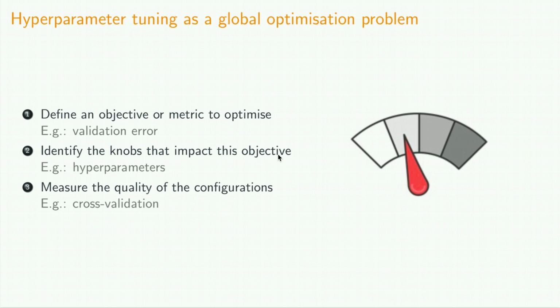So when you think about hyperparameter tuning and architecture tuning, well, this can be viewed as a global optimization problem. We have some objective, some metric we want to optimize, for example, the generalization error, and we have some knobs we can turn that impact the performance, impact this objective: the hyperparameters, and other configuration parameters.